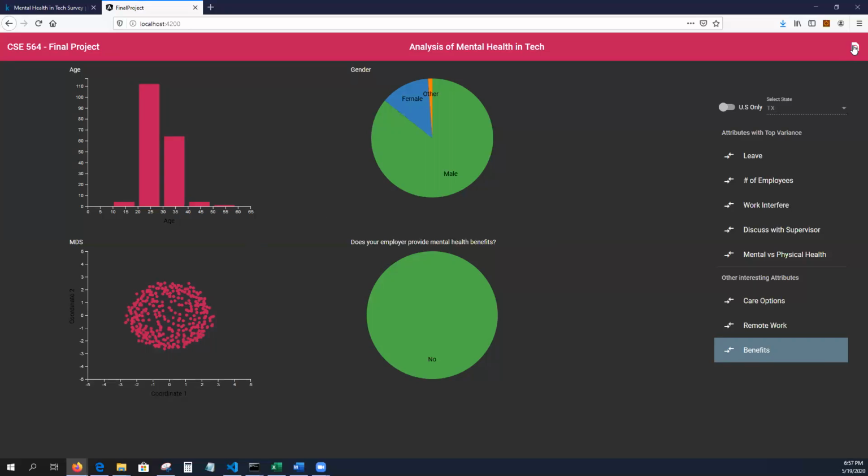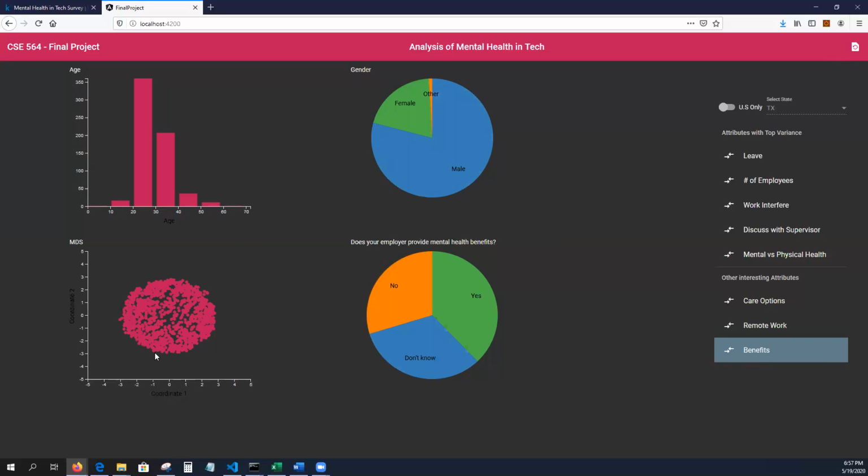Let me reset it, and this is the entire world, how the MDS plot is. You can see that it's quite varied, while you can find certain groups of people who have some similarities, versus a person over here and a person over here who have been having conditions for completely different reasons.